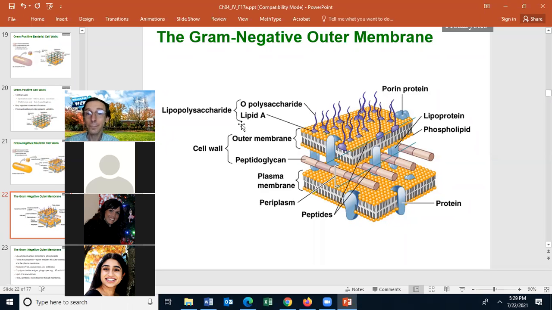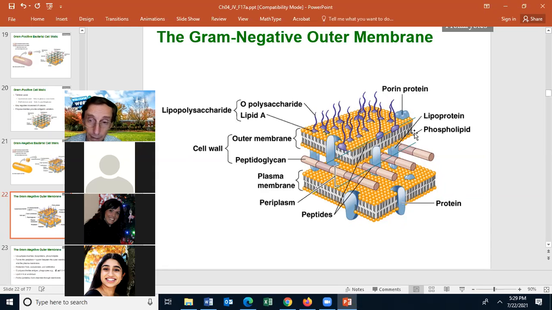Now, the outer membrane of the cell wall does have other proteins in it, a little bit different than the cell membrane. And that is, the outer membrane has the porin protein that makes a channel. Anything that the cell wants to either enter the cell or to leave the cell has to go through the outer membrane of a gram-negative cell through the porin protein channel.